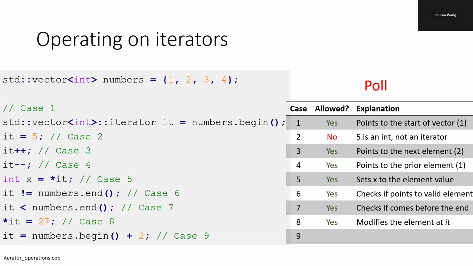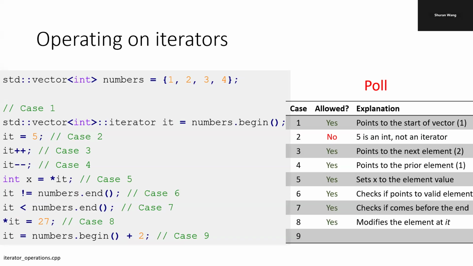Case 9. Yep. What's the difference between pointers and iterators again? So pointers are integer types, essentially, because they store the actual location in memory. It stores the address to the memory. But iterators, they are not.